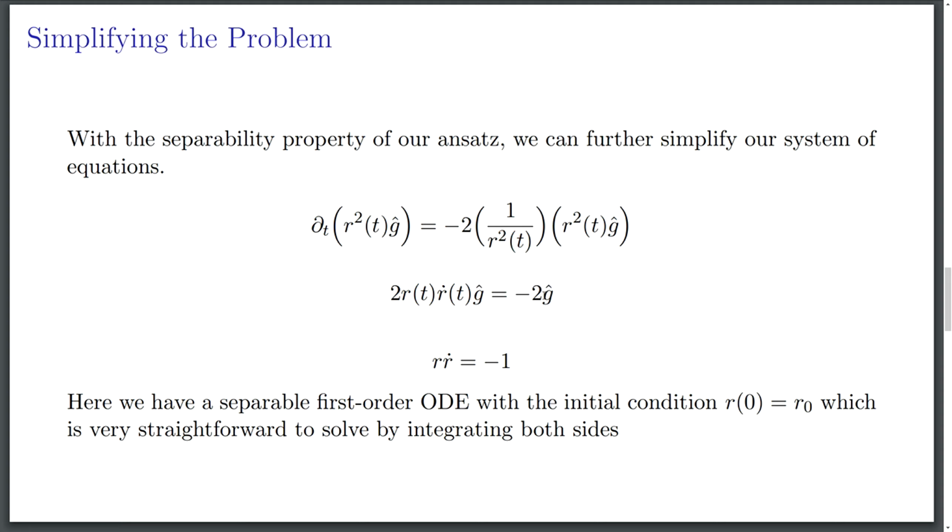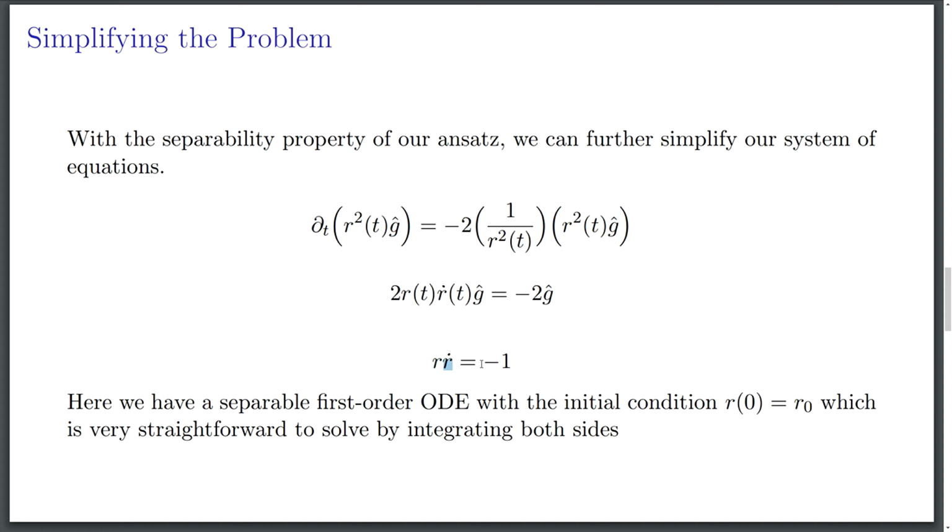Now here we see we have 2 and 2 on both sides, so we can divide throughout by 2. We also have g and g on both sides, so we can multiply by g hat inverse, to get rid of these, and we end up with this really nice, really simple, very easy to solve, separable first order differential equation.